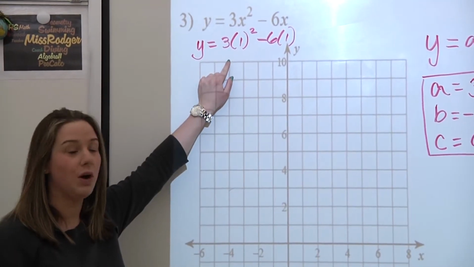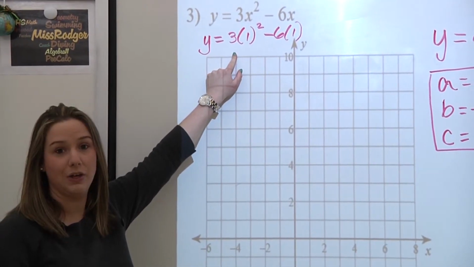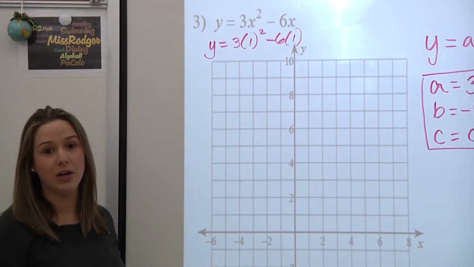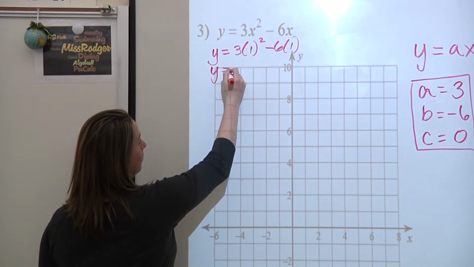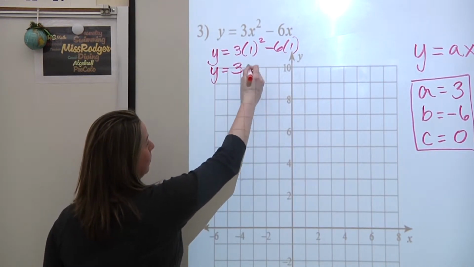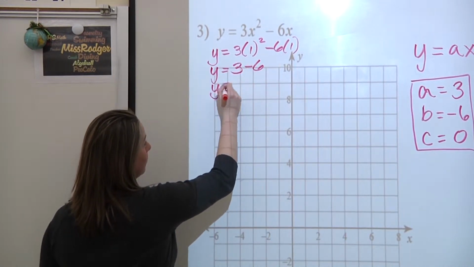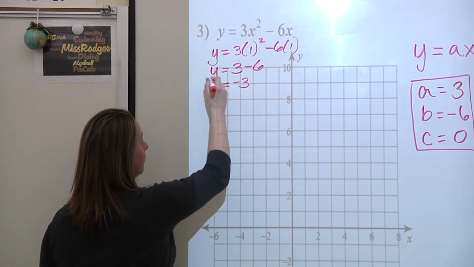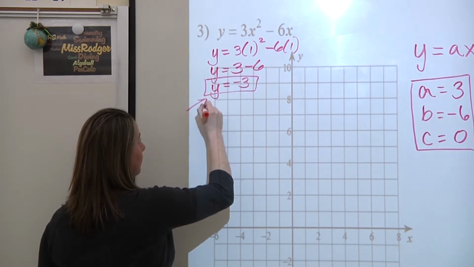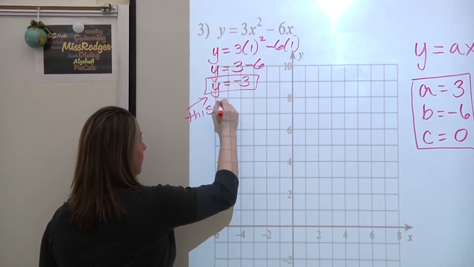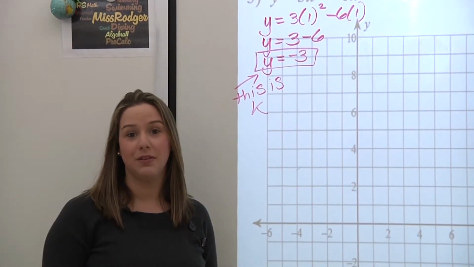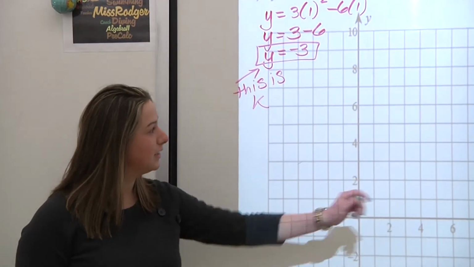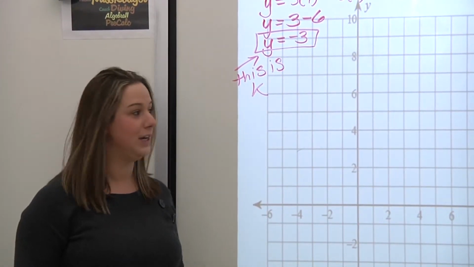When I substitute 1 in here, which is my h value, my y value, my output, is going to be my k value. Now I have an ordered pair for the vertex. My vertex is 1, -3.